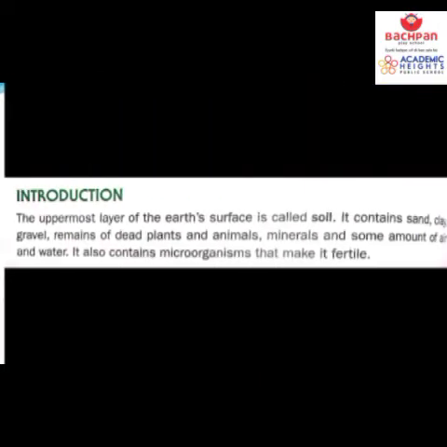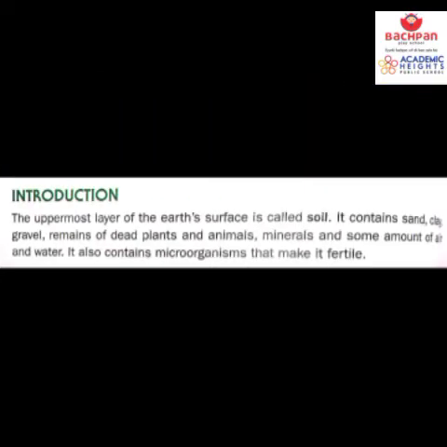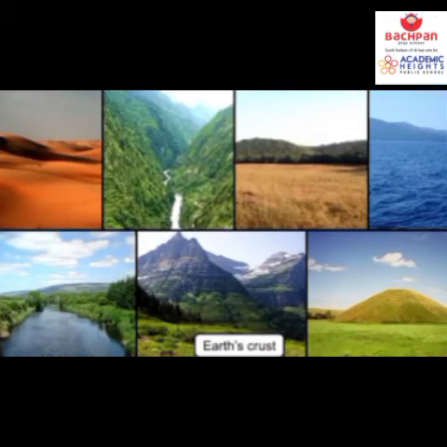But have you ever thought about how the soil came on earth? And on which layer of earth do we have the soil? Let's see. Dear students, do you know all the landforms form the earth's crust?